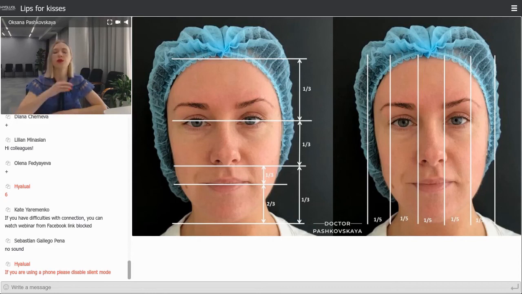It's also useful when you want to analyze the face, because you want to put volume in the cheekbones or the temporal zone. You also draw lines, and you see that mostly the distances are equal. All distances between the vertical lines are equal on the face, and you see the asymmetry, yes or no, or where you could put additional volume.